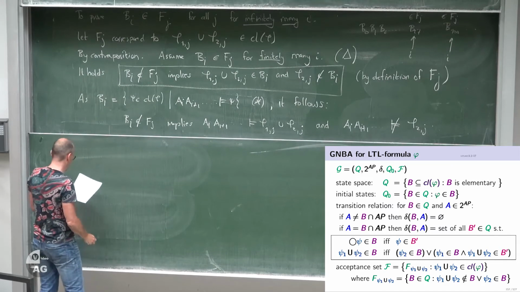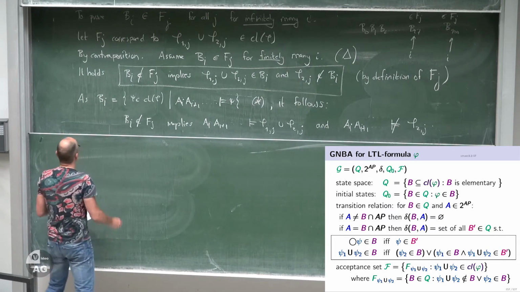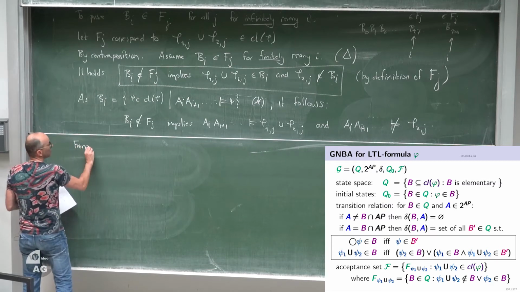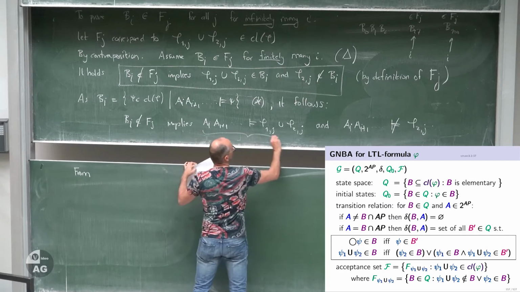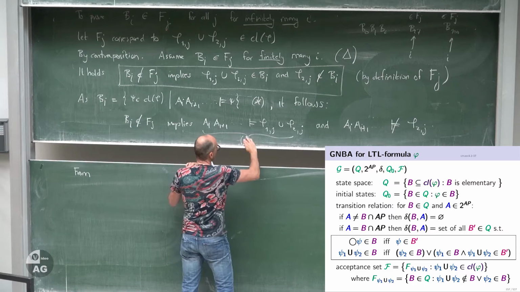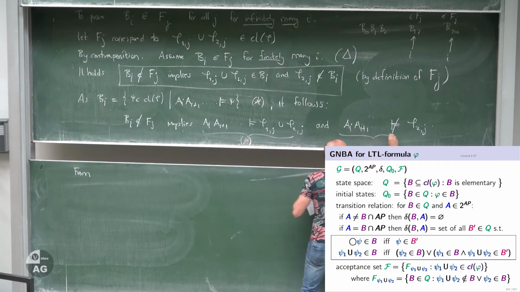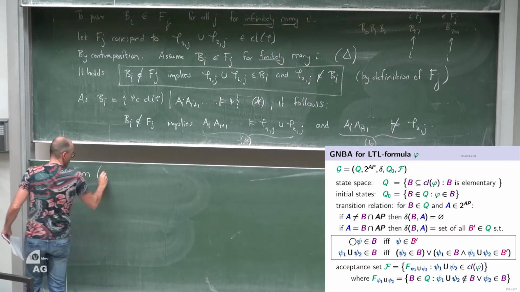Good. From star, from this, let's call this small a, let's call this B. From A, what can I conclude?